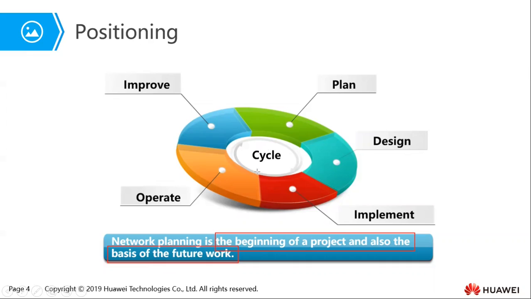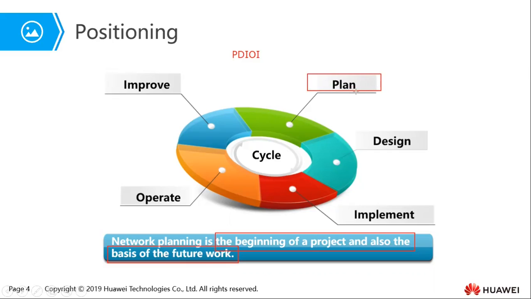Now, the project implementation cycle is normally divided into what we refer to as PDIOI: planning, designing, implementing, then operation, then improvement. As you can see, the very first step is planning, network planning.